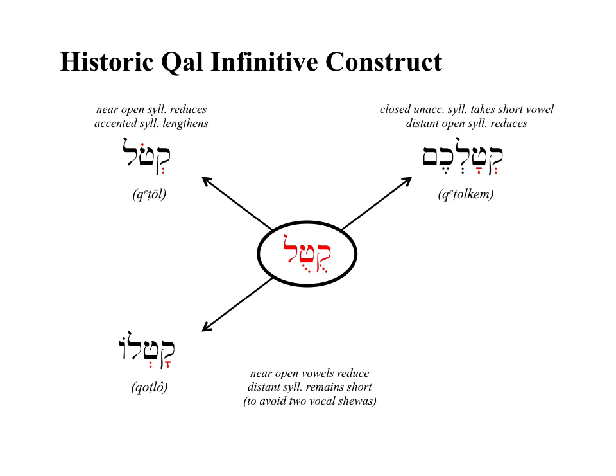That means that this time, the vowel under the tet reduces to schwa, and then the short U at the beginning of the word cannot reduce as well in a distant open syllable because it would create too many consonants in a row without vocalization. So the short U vowel is retained, and then because short U is only used before doubled consonants, or at least predominantly used there, they use the short O. So with this particular suffix, the infinitive construct is going to be pronounced qotlo.